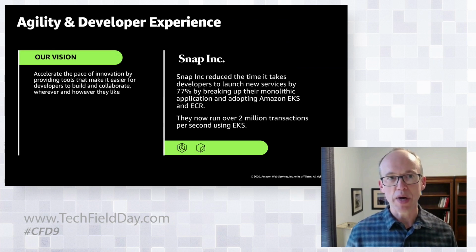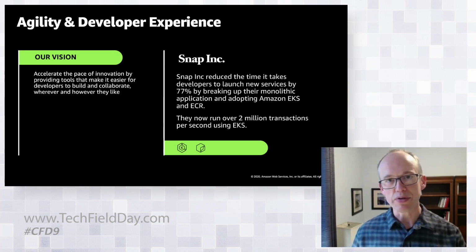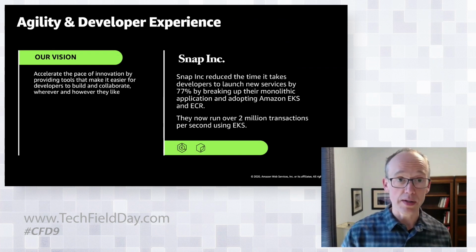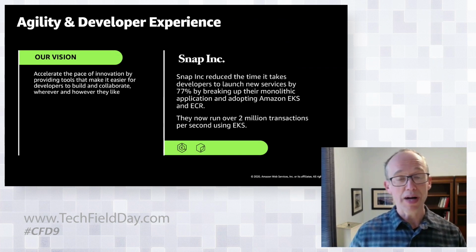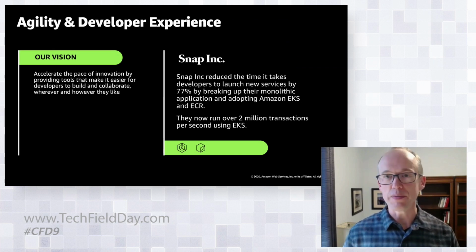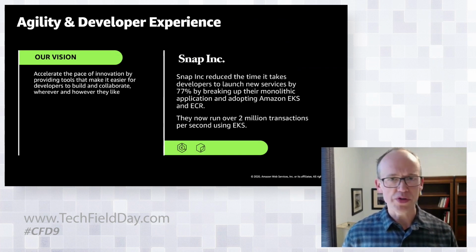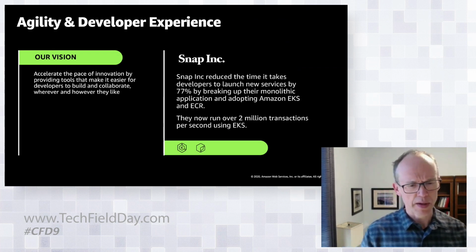Because once you've got your monolith broken up into microservices, you can scale those independent microservice components to the right level elastically using the AWS infrastructure, and get the right balance across your application in a way that's really hard to do with a monolith. So this is just one of those examples of a really big customer running at very large scale on EKS.